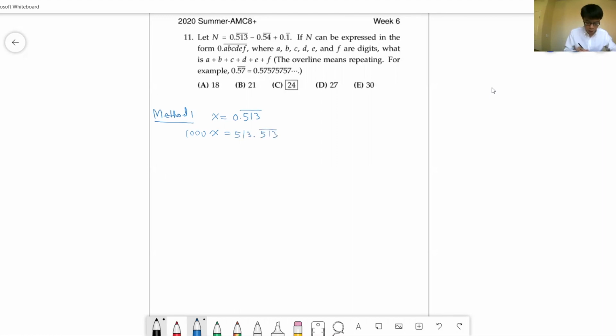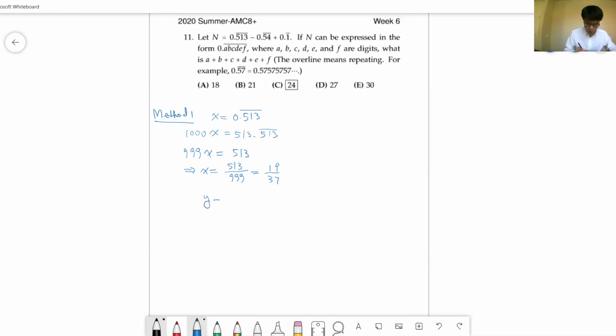And then we do subtraction. We get 999x equals the difference. So when we do this subtraction, we cancel this repeating part, and we only have 513. So, and then we can express x in terms of fraction, 513/999, and you can simplify it to get 19/37.